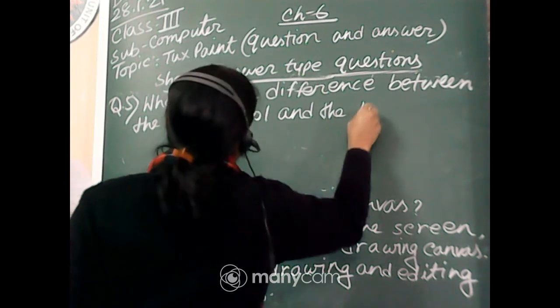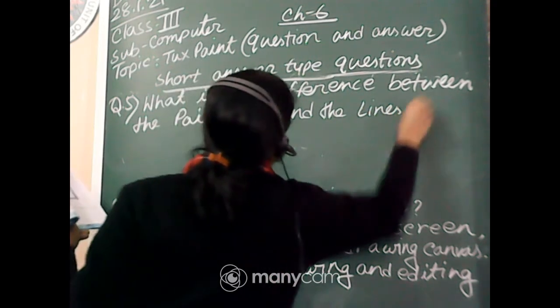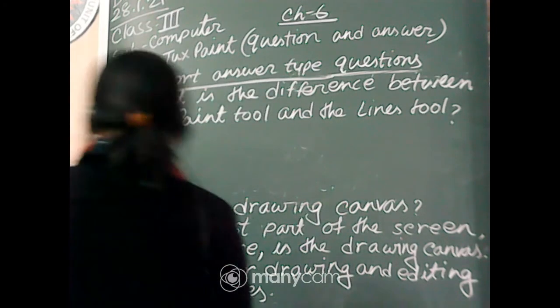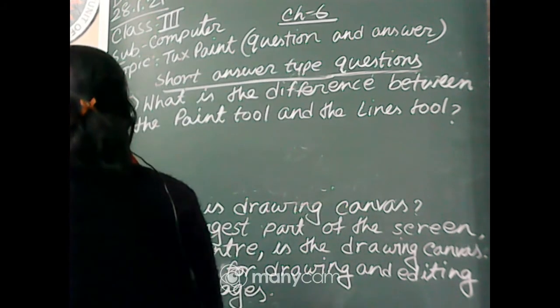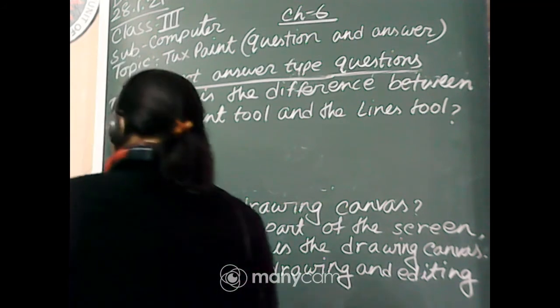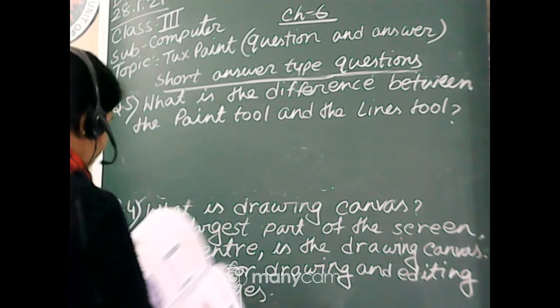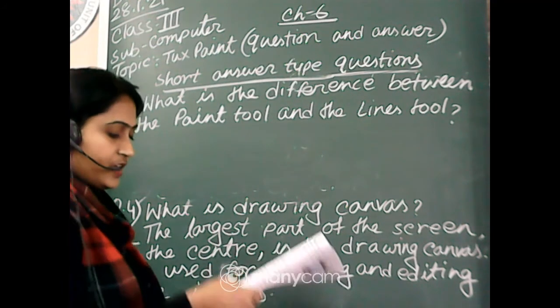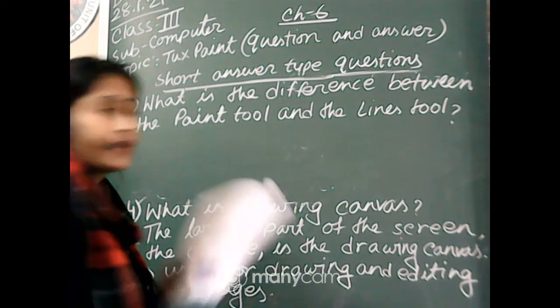The only difference between the pen tool and the line tool is the order in which the drawing is displayed.